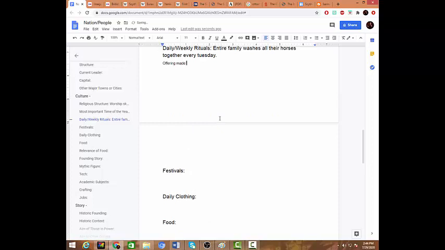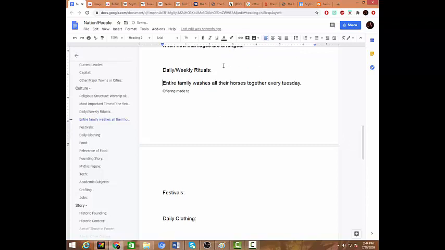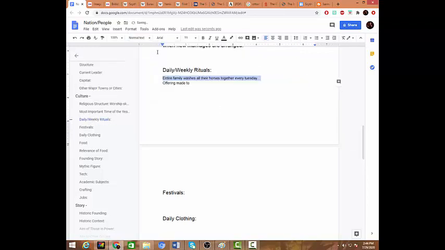Offering made to recent dead every Friday. So basically, anybody who died in the last couple of years, and an offering doesn't have to be... offering or prayer made to the recently dead every Friday.